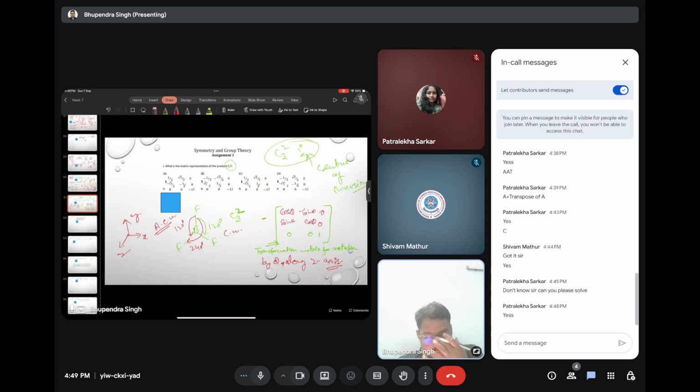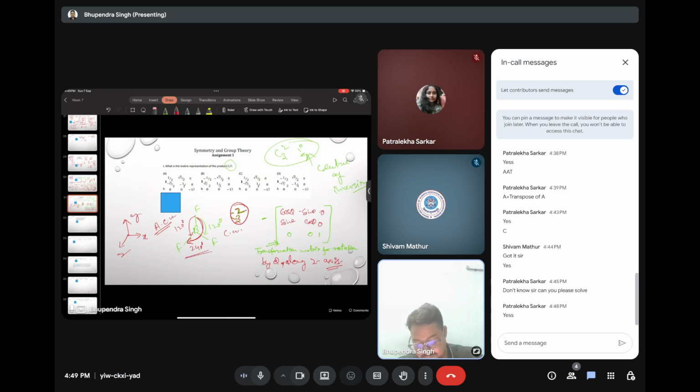So this is your operation C3 2, and the angle clockwise, if I am considering it clockwise, is C3 2.